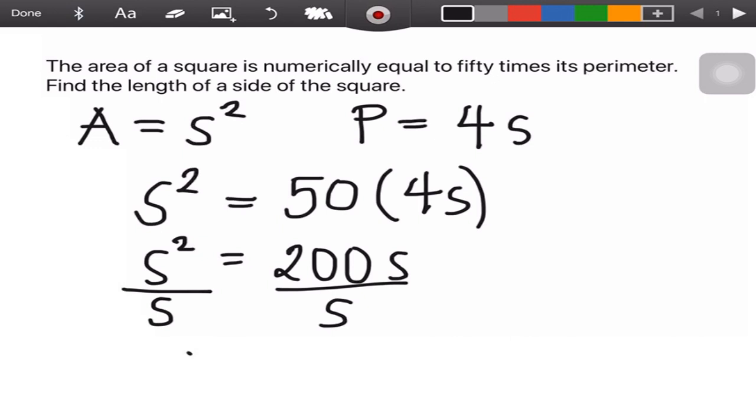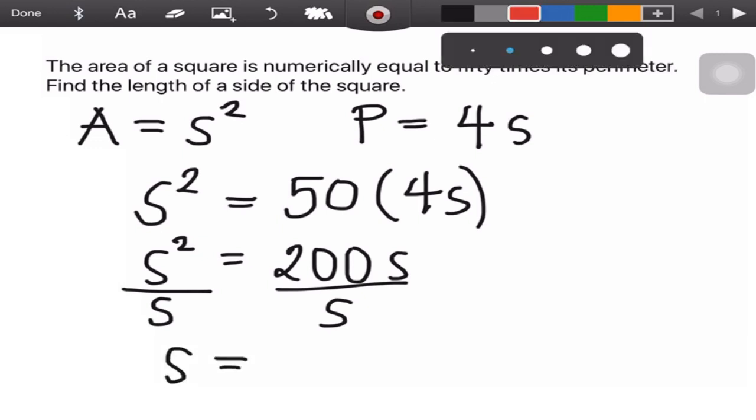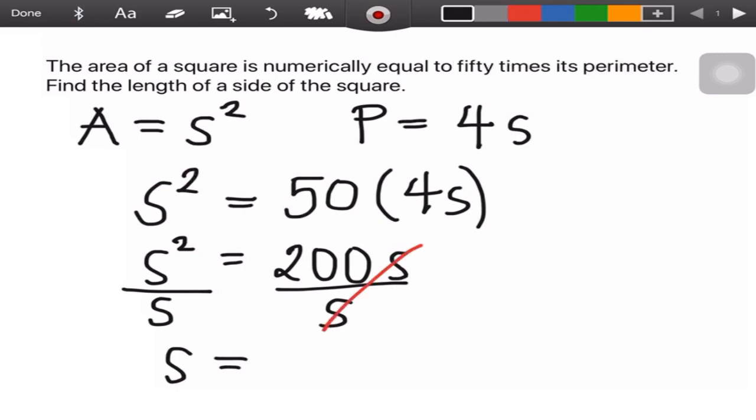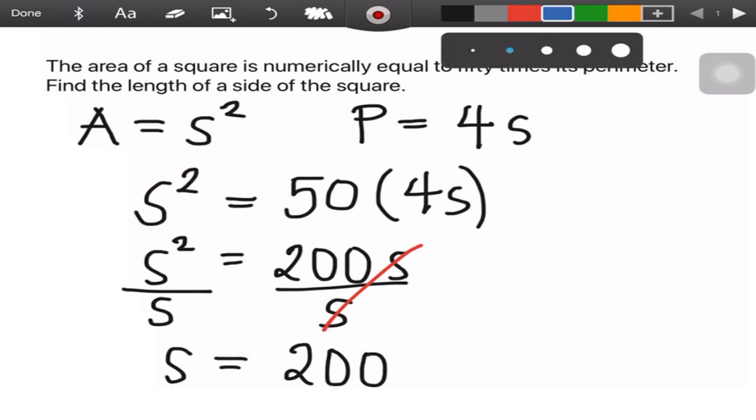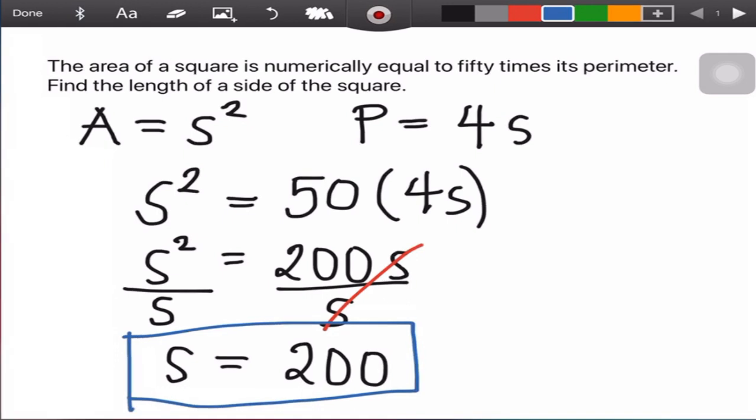That is our goal, to get the value of S, right? So S squared divided by S will give you S. You subtract the exponent. And then 200S divided by S, the S will be cancelled, and then copy 200. So our side is 200. That's the final answer.